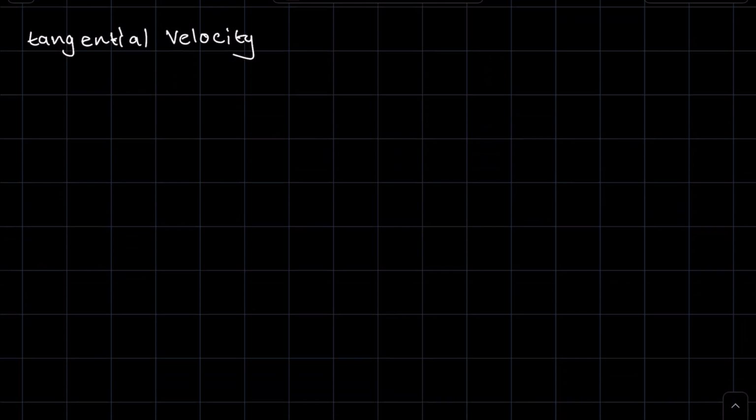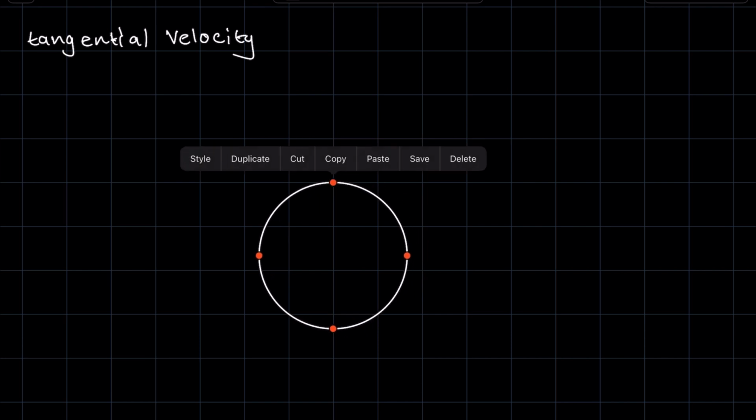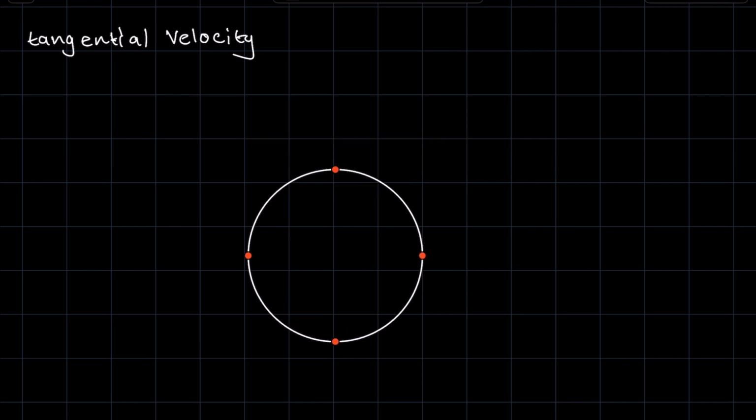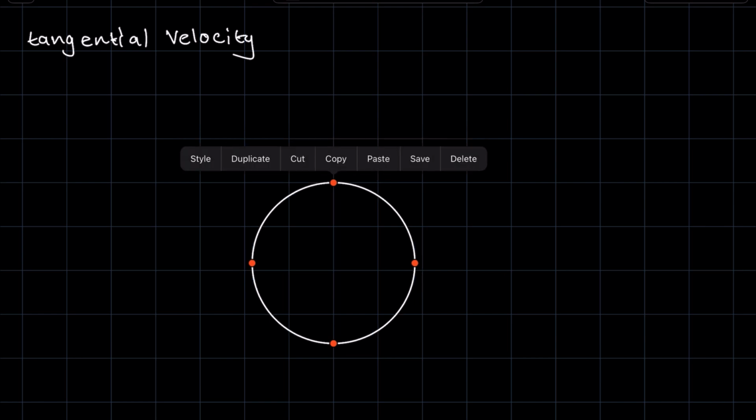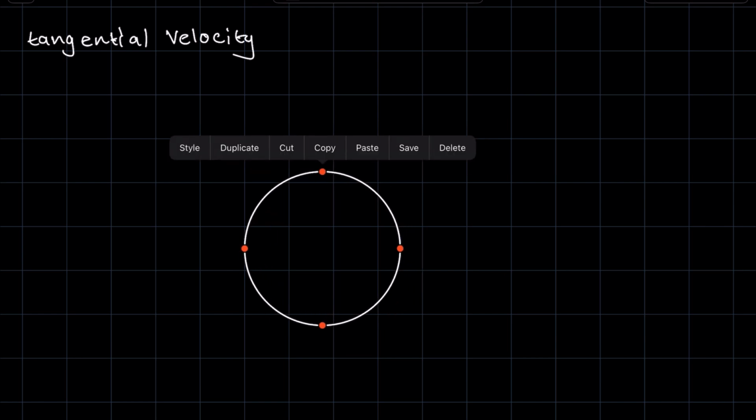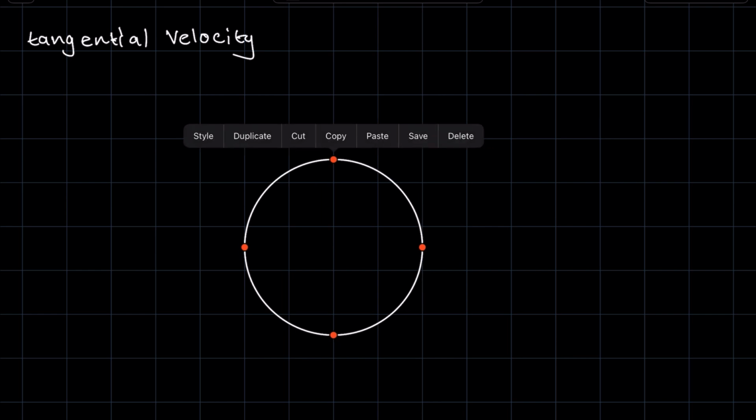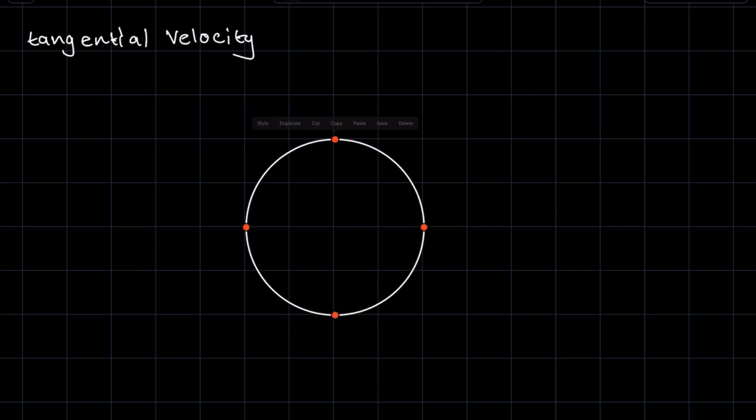Remember, say you have a rotating body, rotating in that direction, and you have the radius at that point.